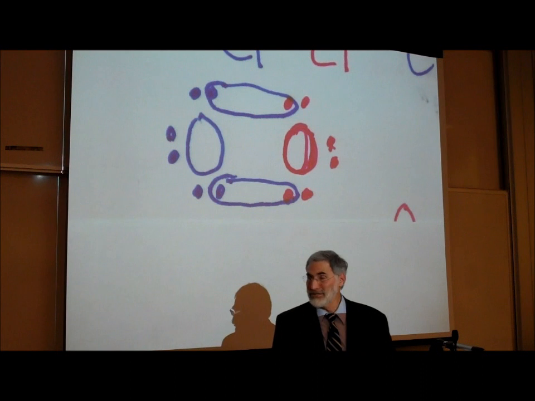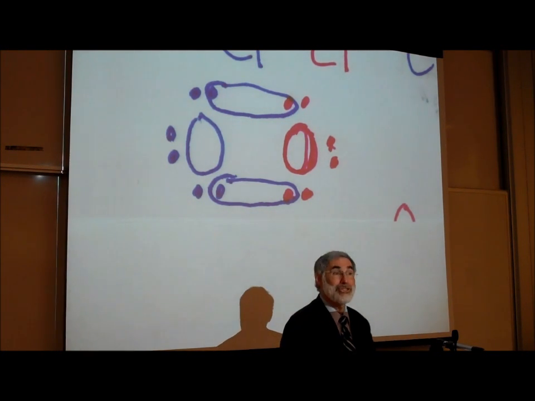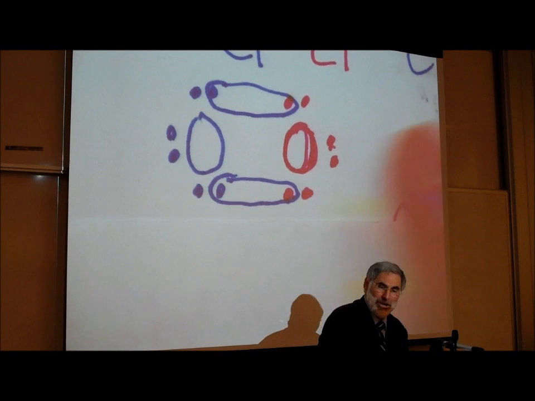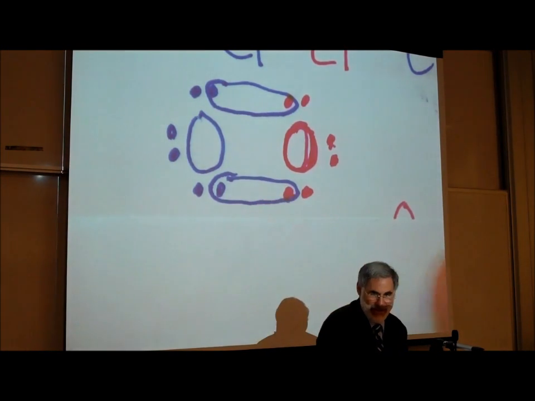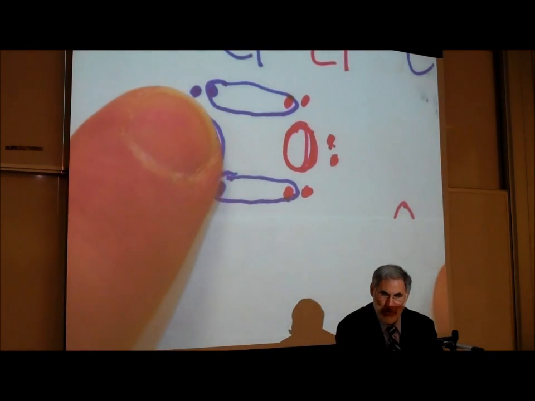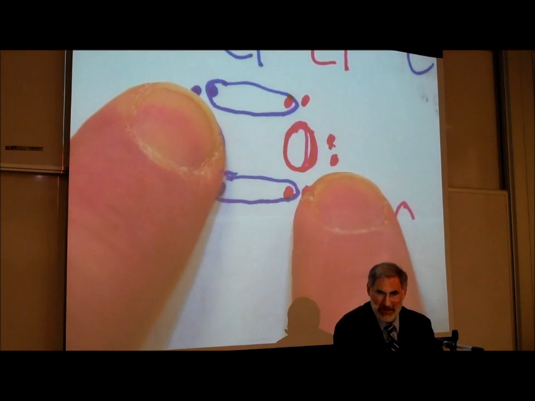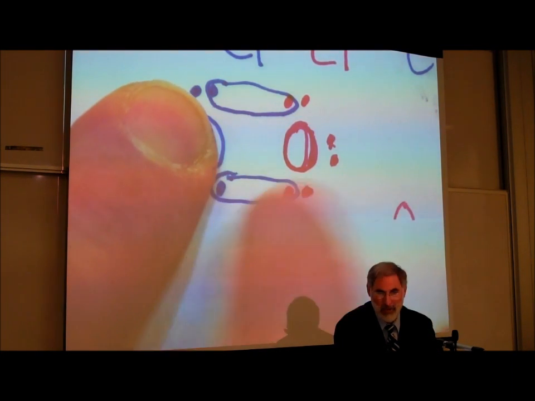So one oxygen turns to the other and says, let's share. They're each going to share not 1 electron with each other, but 2 electrons with each other. Now again, just like in the case of the chlorine above, if the 2 blue electrons spend 50% of their time around the red oxygen, it will have the 8 that it wants.